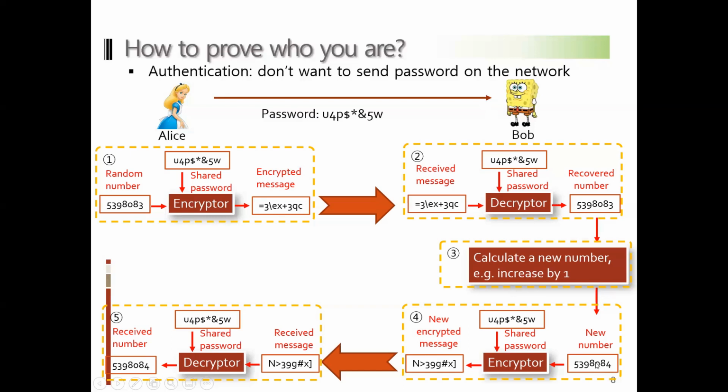Once the session is over, they will discard this new number. By doing that, they will not reuse the same password over and over, and that will enhance the security of the existing security system.